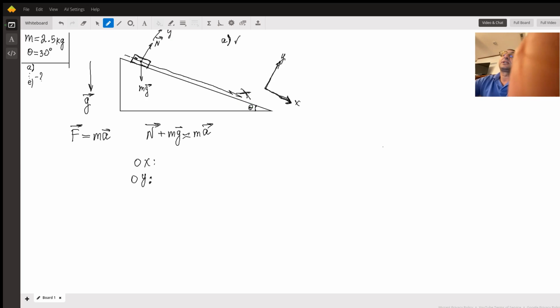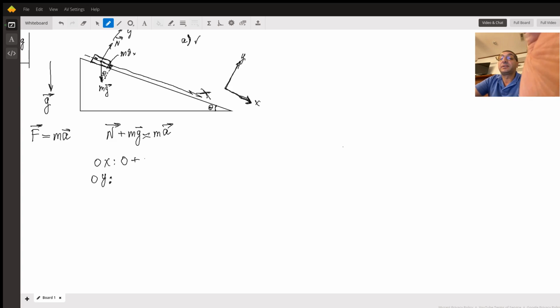So on OX, the gravitational force projection will be this force, mgx. And this angle will be theta, because this small right-angle triangle and this big right-angle triangle are similar. So the projection of the normal force on OX will be 0, plus the gravitational force projection on OX, which is parallel to the inclined plane, mg sine theta.